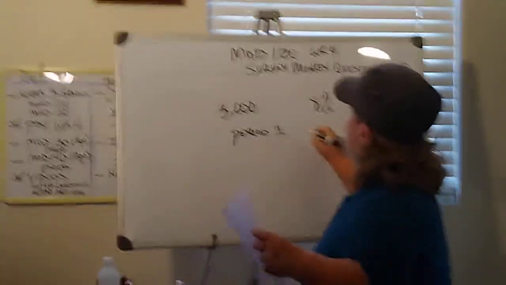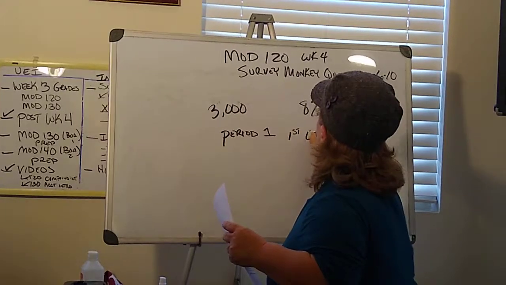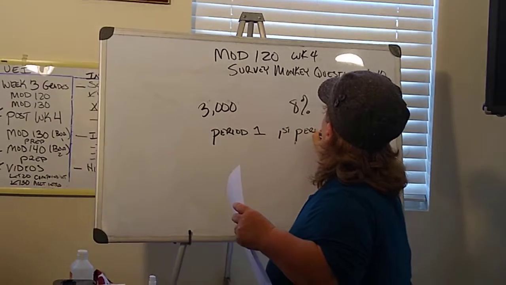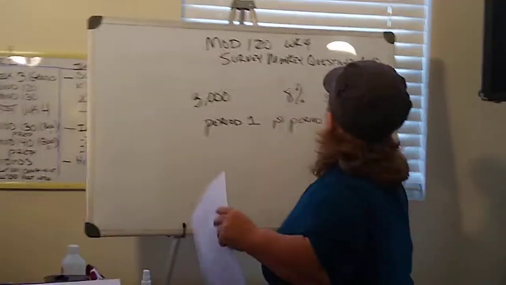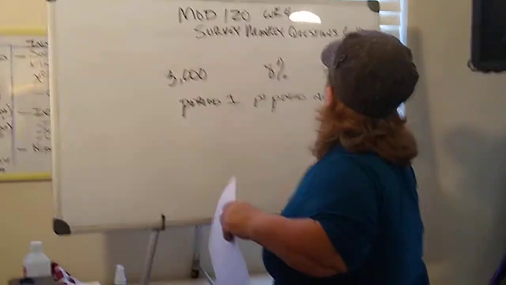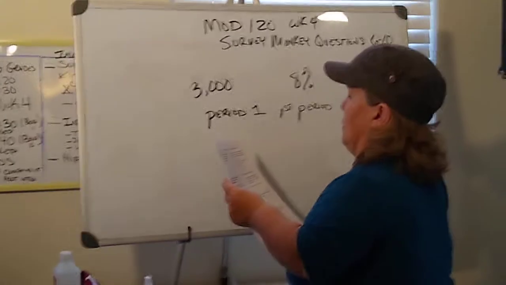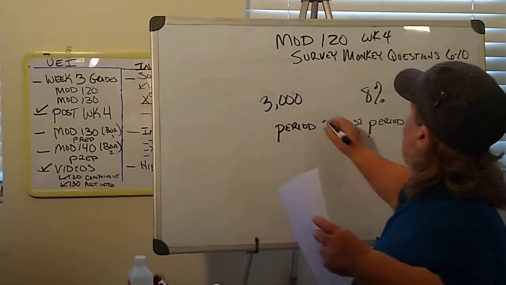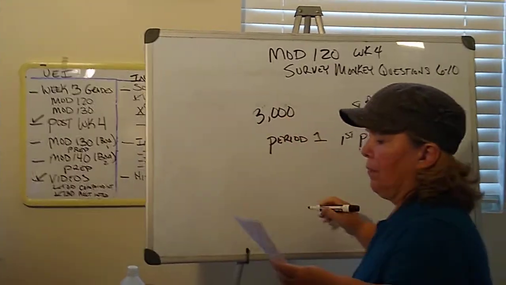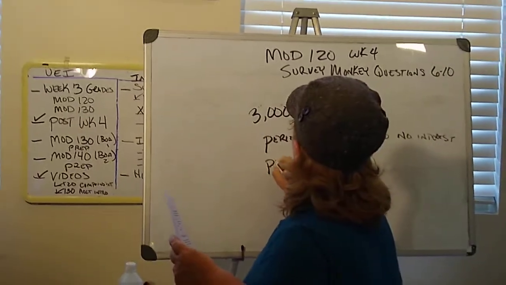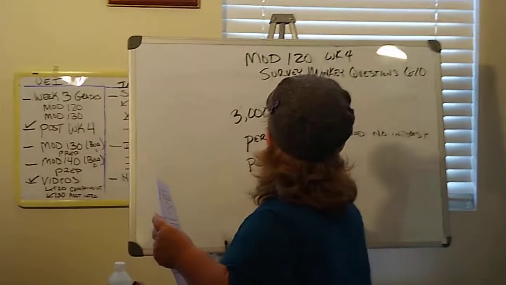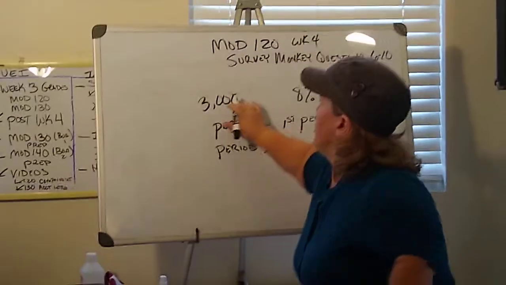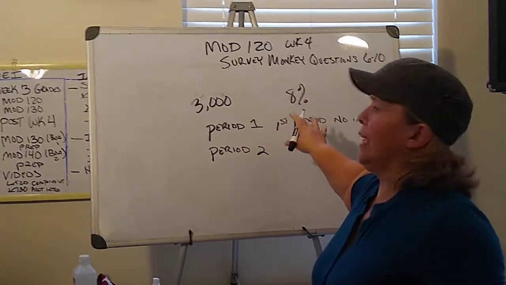It says the first period has no interest until the end of the year. So it's going to remain $3,000. Period 2, which would be the end of the second year, it's going to be $3,000 plus that 8%.